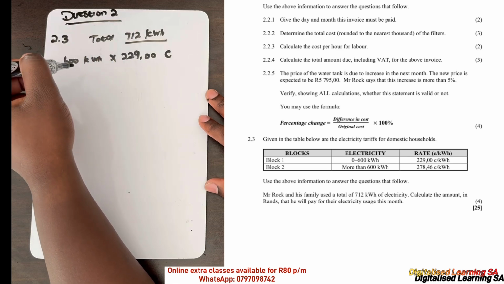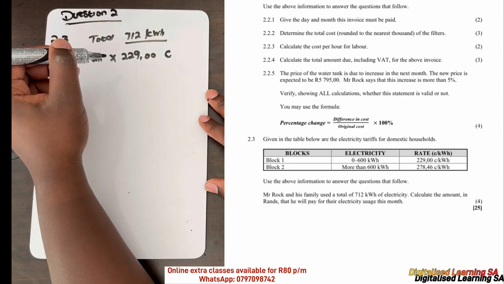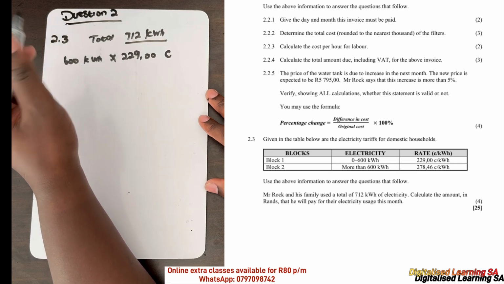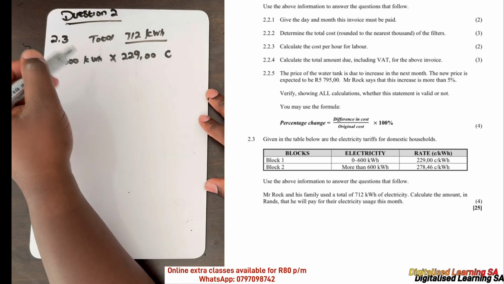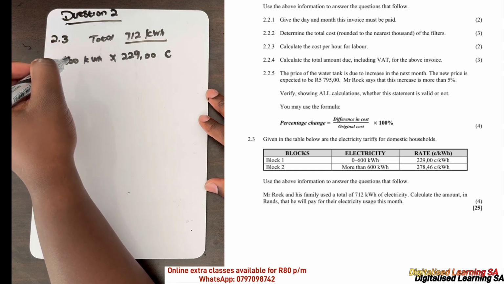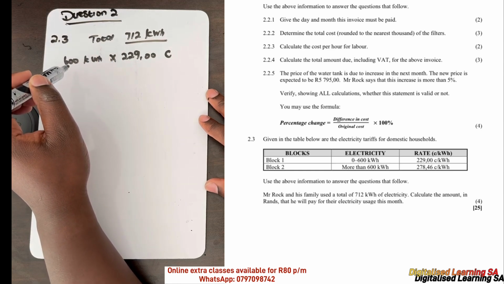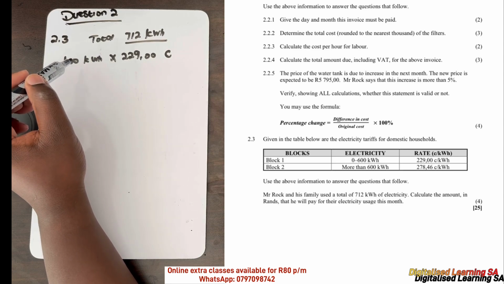Okay, so for more than 600 it costs 278.46. So now we need to calculate what's outstanding, because we have already accounted for 600, meaning that we only need to add the remaining ones. And how do we do that?